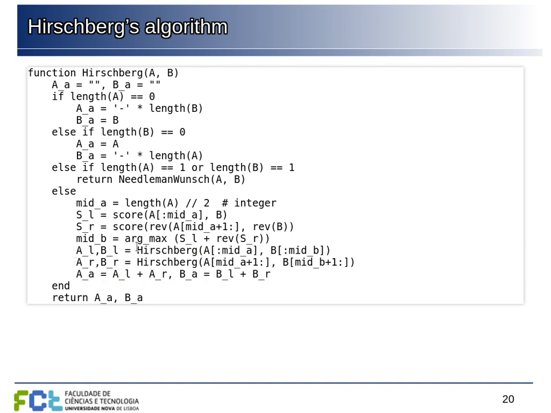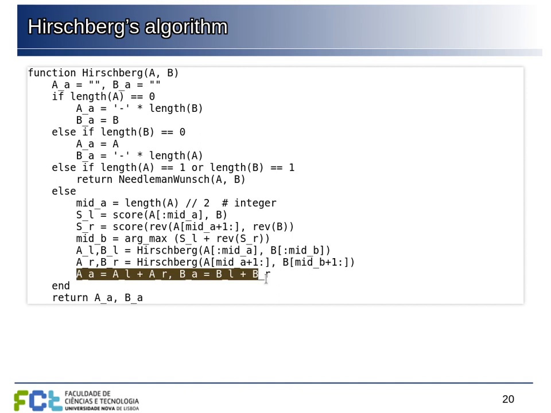So what we do now is we call the same function, Hirschberg, for the left part of A, which is everything from the beginning to the midpoint, and the left part of B, which is everything from the beginning to the midpoint of B, and this will be the left part of the alignment for A and B. The right part will be given by the same function, but using the sequence A from the next position after the midpoint all the way to the end, so mid A plus 1 to the end, and the same thing for B, mid B plus 1 to the end.